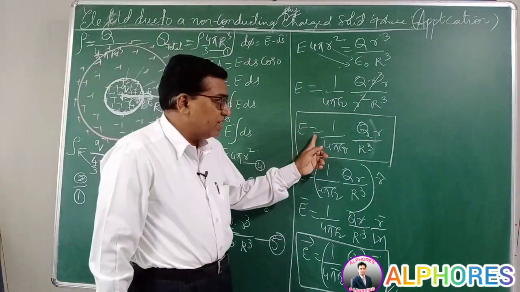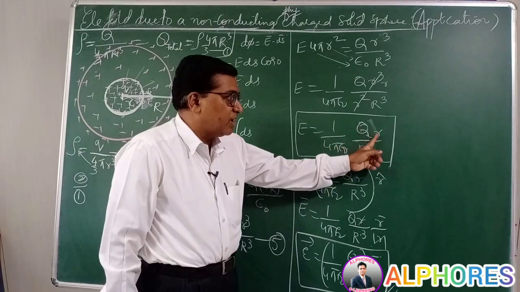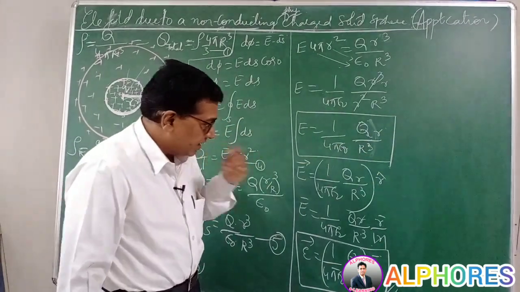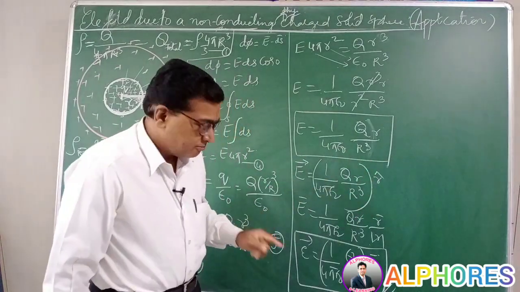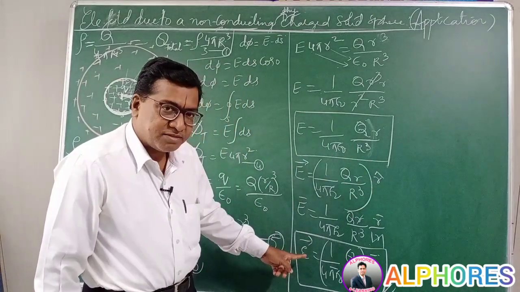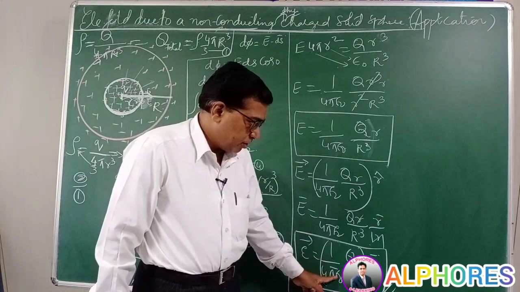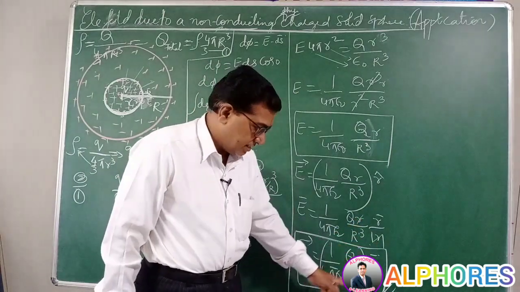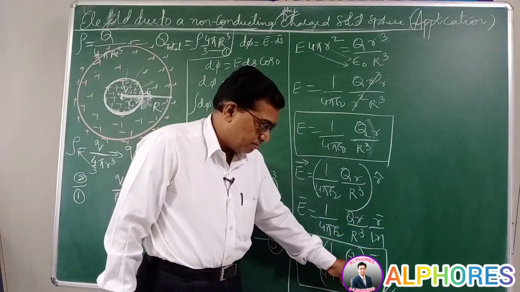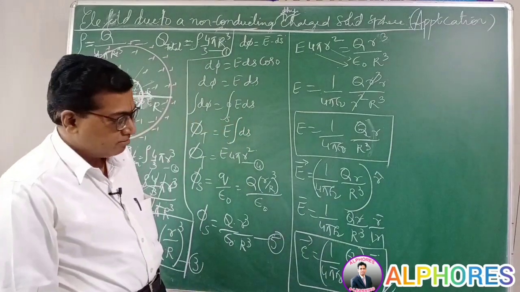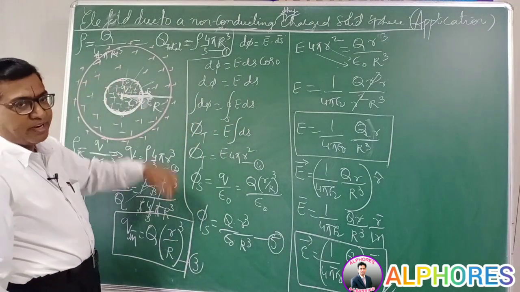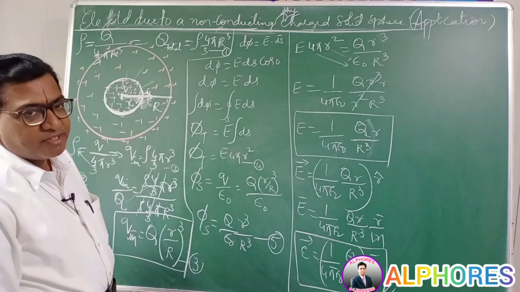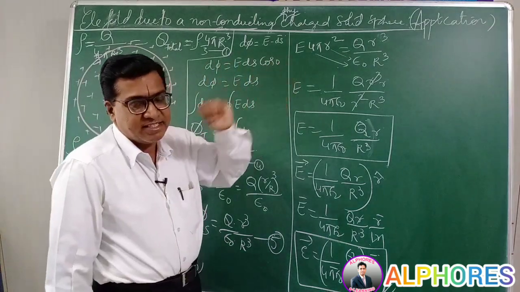The magnitude of the electric field is 1 by 4 pi epsilon naught Q r by R cube. In vector form, putting the unit vector r cap, and finally in terms of the radius vector r bar, the smaller r has cancelled: it's Q by R cube times r bar. This is the vector form of the electric field at any inside point of the non-conducting charged sphere.